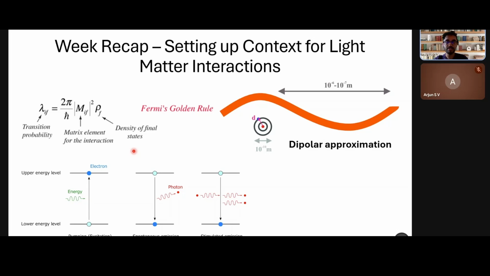where we saw the population at your ground state as well as your excited state. We also saw how, although the transition rates from the ground state to the excited state are similar to those from the excited state to the ground state, the population at the ground state is much higher than that of the excited state.